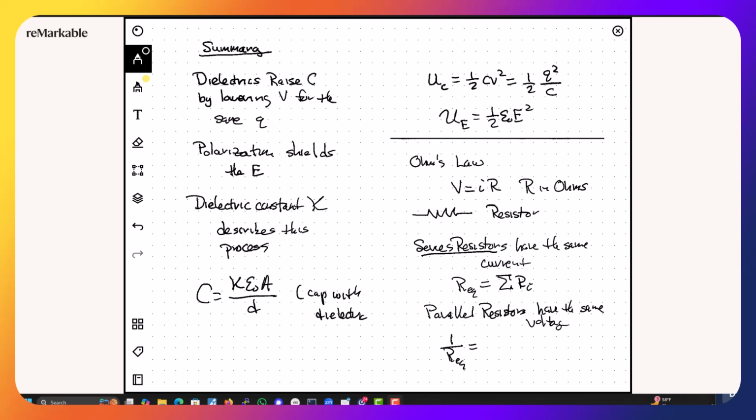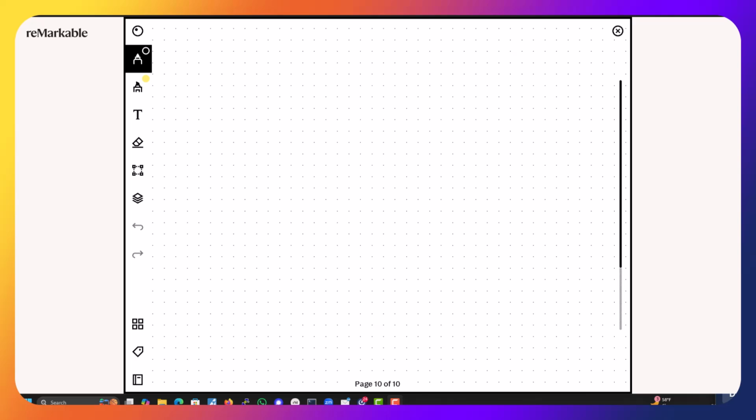Let's write that carefully. And then finally, we did talk about power as heat. Power is I squared R, or V squared over R.